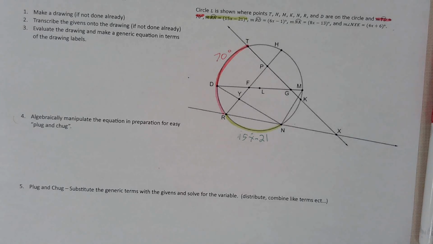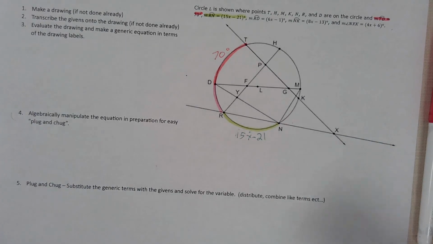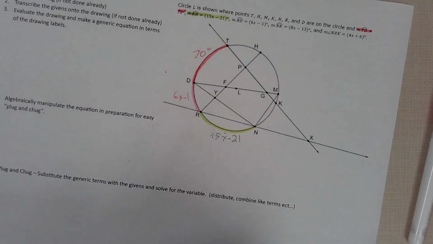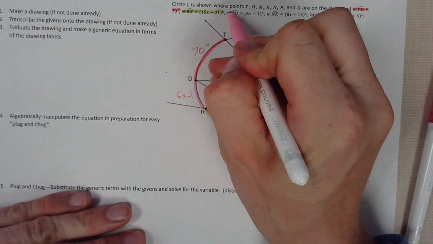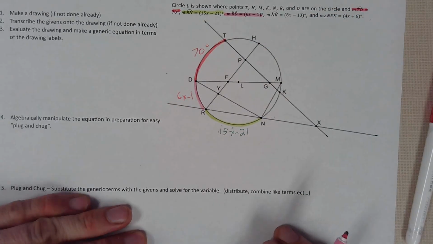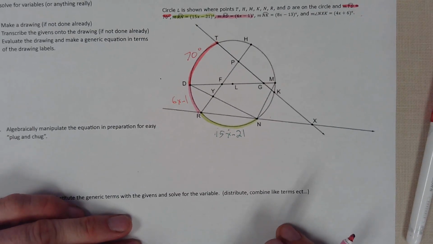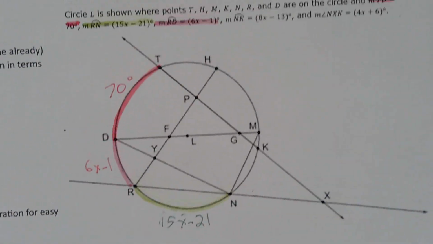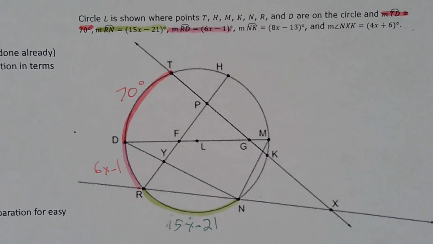And that pink value is 6x minus 1. 6x minus 1, and that's pink. Keep track of it in my equation up here. All right, so that's 6x minus 1. And then maybe I can zoom in so you guys can see it. Yeah, that's better.